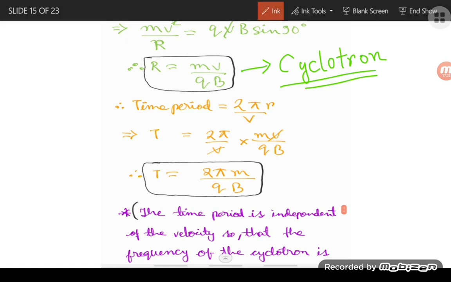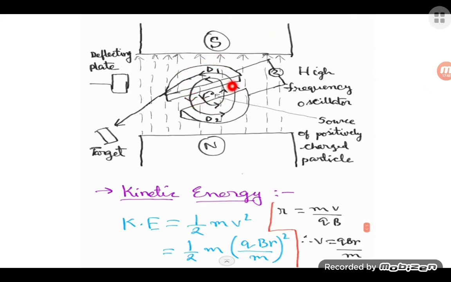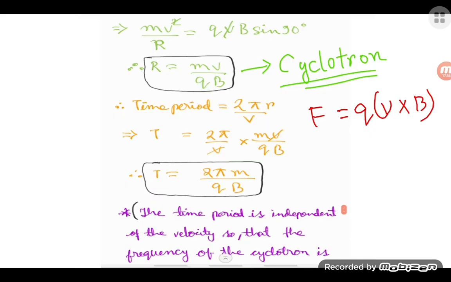The formula mainly is F equal to Q V cross B. So from there, that is QVB sin 90 degrees, because the angle between V and B is 90 degrees in this case, and mv square upon r is due to the centripetal force. Now as the charge is rotating in circular motion, a centripetal force is faced by the charge right at the center. So that force is mv square upon r. So from that we derive the formula of r as mv upon qB.